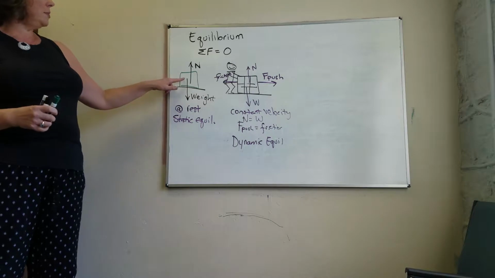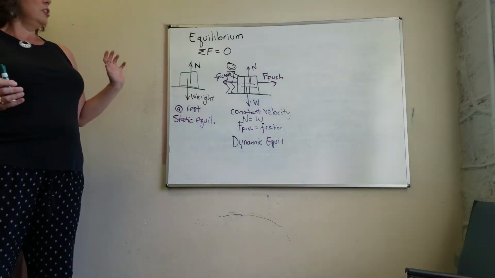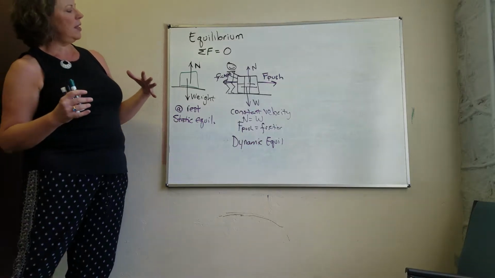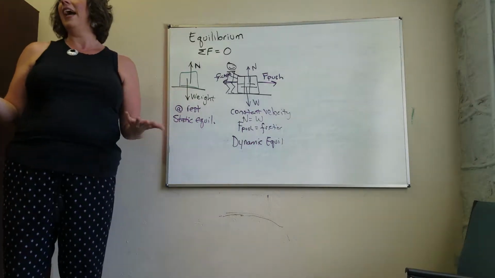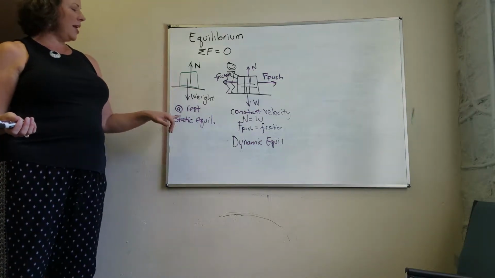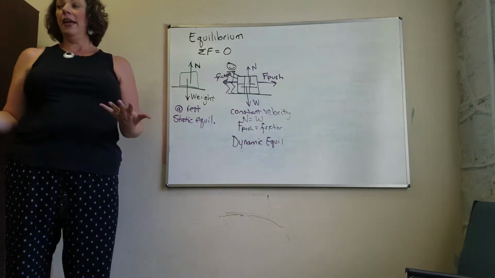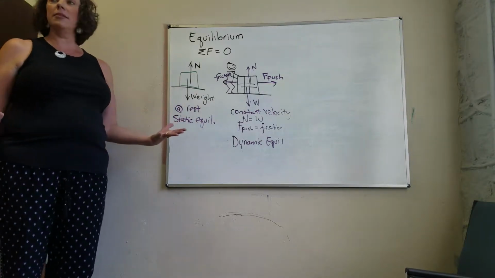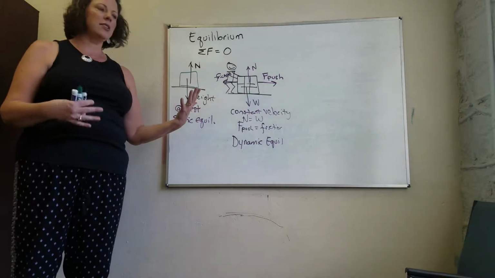Are both of these objects experiencing inertia? Does everything with mass have inertia? Yeah, it does. So this object that's at rest is definitely a good inertia example. It's at rest, it's going to stay at rest until some force comes and acts on it.